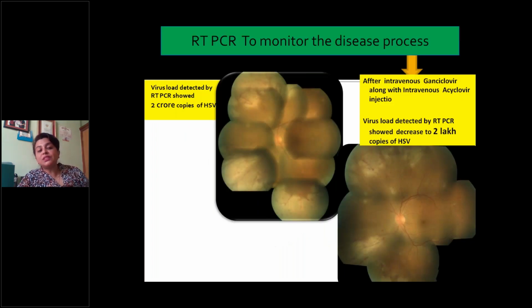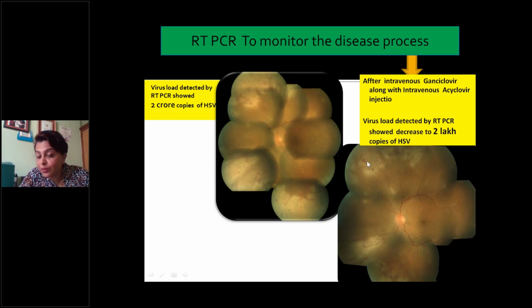So let me share with you one of our patients when I was working in India. This was a case of ARN, and when we did PCR from the vitreous sample, it was positive for the herpes simplex virus, and the viral load was 2 crore.